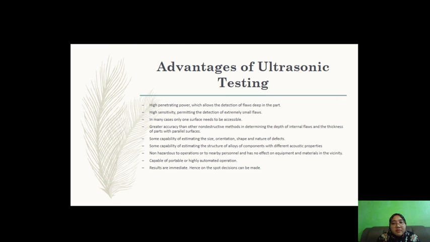Advantages of ultrasonic testing: high penetrating power, which allows the detection of flaws deep in the part; high sensitivity, permitting the detection of extremely small flaws; and in many cases, only one surface needs to be accessible.